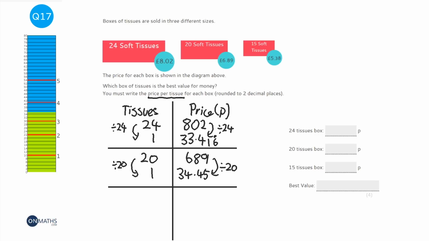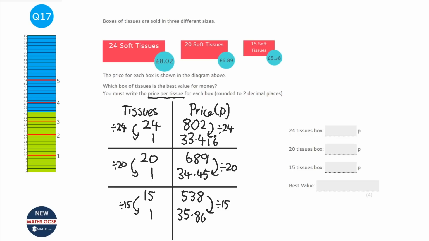So the last one's 15 tissues, and it costs 538 pence. So this time I'm going to divide both sides by 15 to work out 1 tissue. Okay, so 538 divided by 15, and this time I get 35.86 recurring.